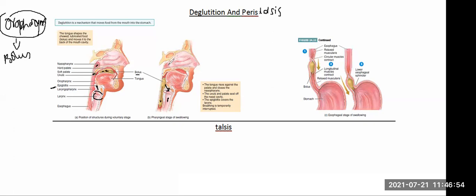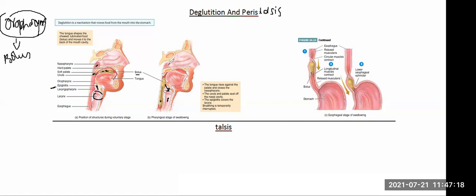And just remember what organ in the brain is involved. It's the medulla oblongata. Once again, when the food is in the oropharynx, it will activate the receptors. When the receptors are activated, impulses are sent to the medulla oblongata and lower pons of the brainstem.